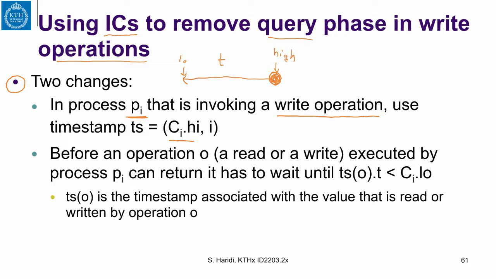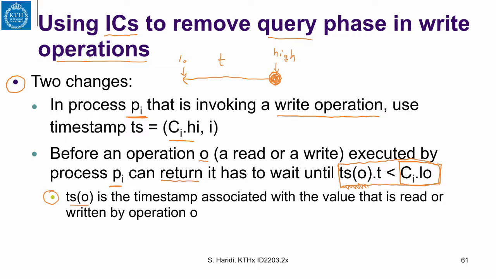Now, before an operation, either a read or a write executed by this process P_i, can return, this is a response of the operation, it has to wait until the timestamp that was assigned to the operation is less than the lower bound of the current interval clock.